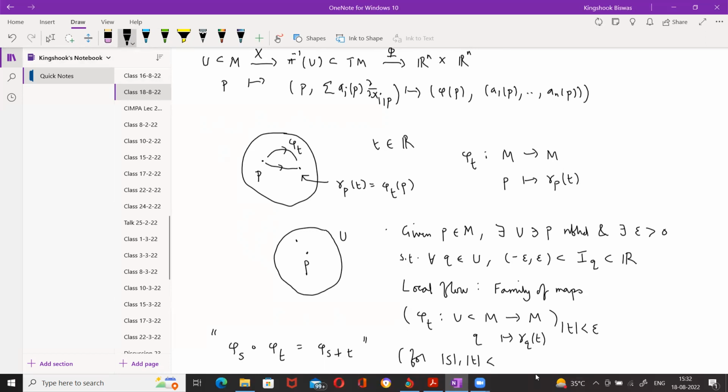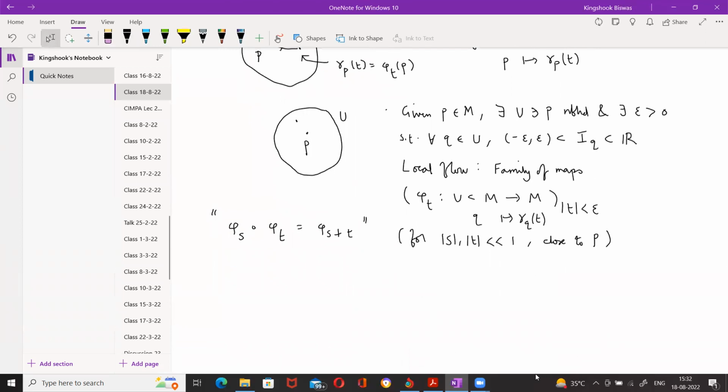It's a bit complicated to write, but for s, t small, this holds close to P. What we do get is that these are locally diffeomorphisms. So phi minus t will be the inverse of phi t. This is something we need. And of course, phi 0 by definition is identity.